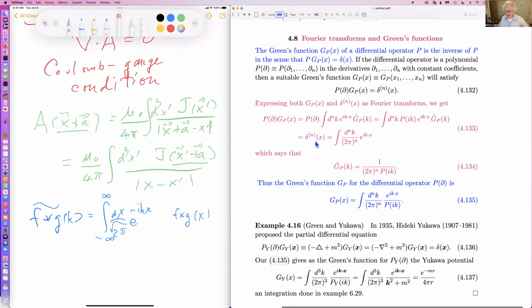And on the other hand, we want that to be the delta function of order n, which is this integral over 2 pi to the n d^n k e to the ik dot x. And what does that say? Well, that says that g tilde sub P of k is 1 over 2 pi to the n P of ik.